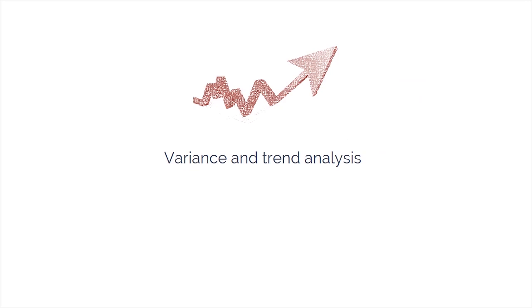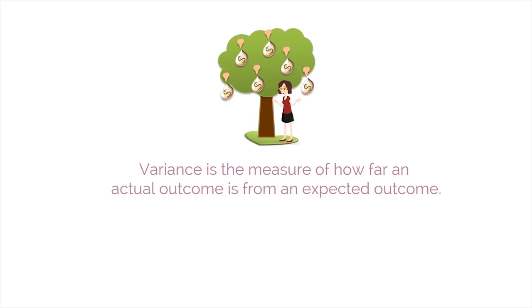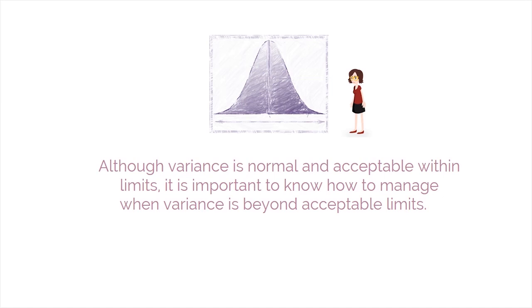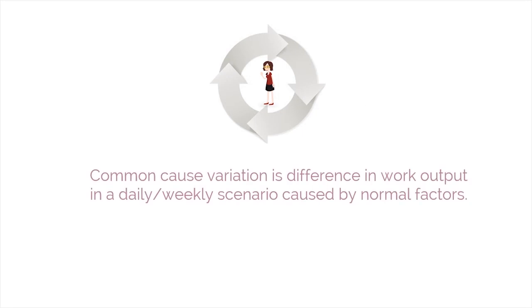Let us now look at variance and trend analysis. Variance is the measure of how far an actual outcome is from the expected outcome. Although variance is normal and acceptable within limits, it is important to know how to manage when variance is beyond acceptable limits. Common cause variation is the difference in work output in a daily or weekly scenario caused by normal factors.